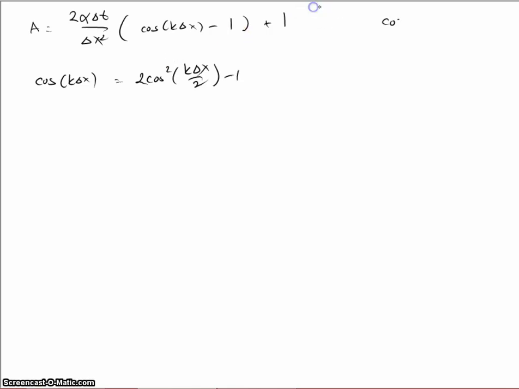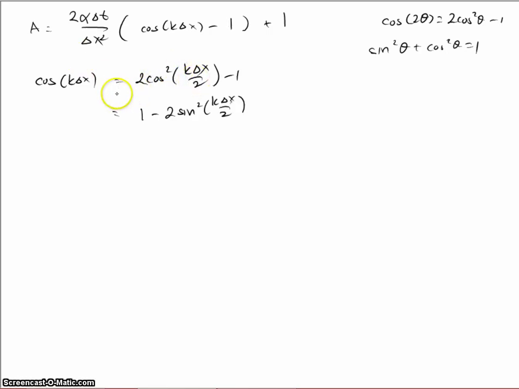This actually comes from cosine 2 theta equals 2 cosine squared theta minus 1. Now if I make use of the trigonometric identity sine squared theta plus cosine squared theta equals 1, I can further simplify this to 1 minus 2 sine squared of k delta x over 2.